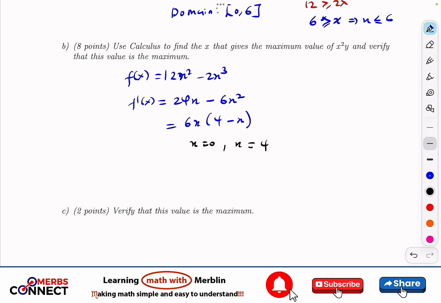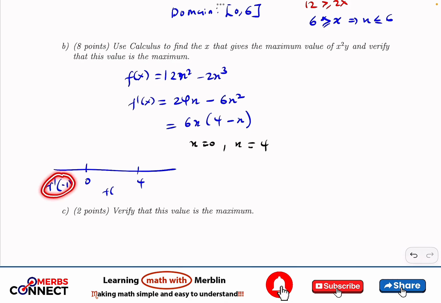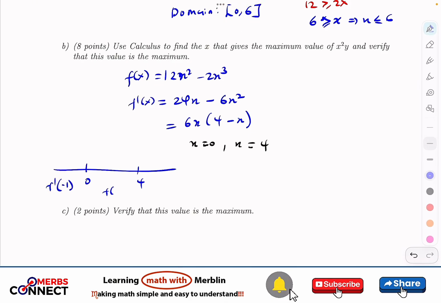So the best way to do this is, let's put this into our sign chart, 0, 4, and let's see where the maximum is going to happen, right? So let me pick any value before this. Let me pick something like f prime of minus 1. Even though minus 1 is out of the domain, we will talk about that one.